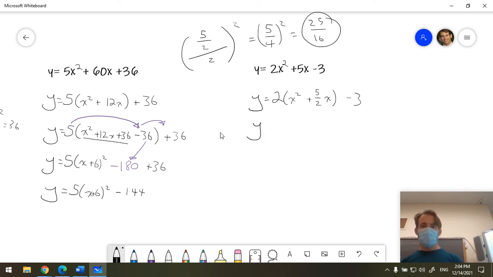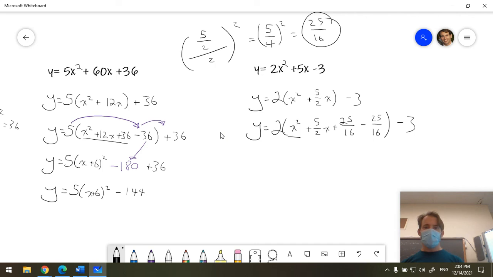So I'm going to have y is equal to 2 multiplied by x squared plus 5 over 2x plus 25 over 16 minus 25 over 16. End the bracket, minus 3.